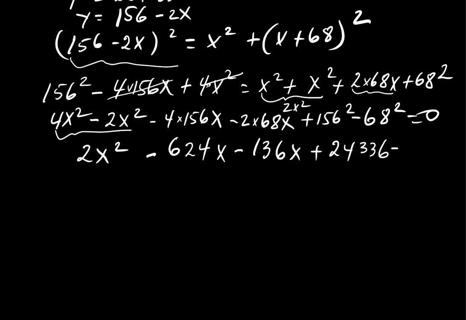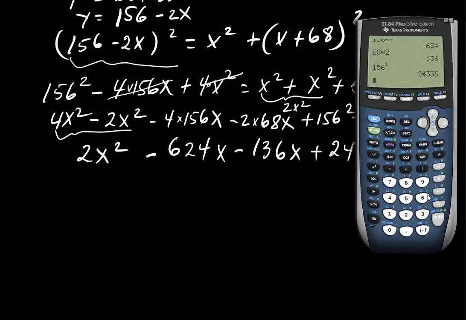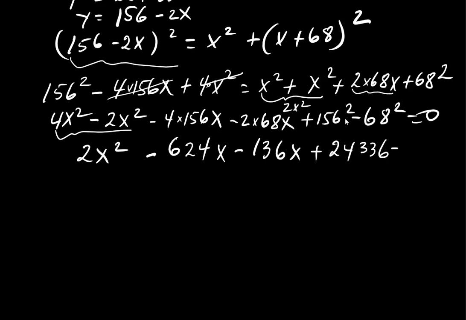Minus 68 squared, 68 times 68 equals 4624. Okay, 4624 is equal to 0.